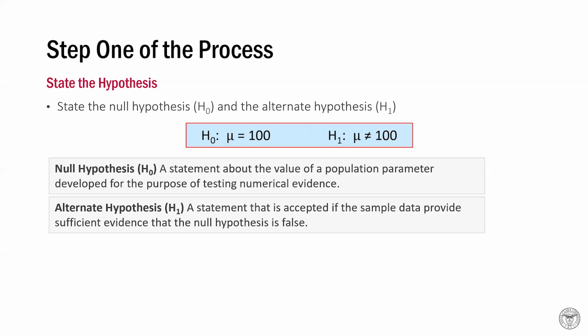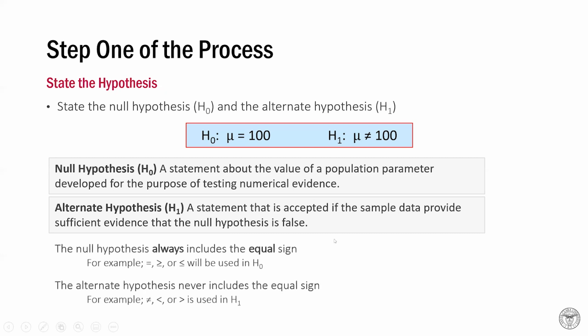The alternate hypothesis H sub 1 is what you will conclude if you reject the null hypothesis. We turn to the alternate hypothesis only if the data suggests the null hypothesis is untrue. There's a subtle detail here: the null hypothesis always includes the equal sign.